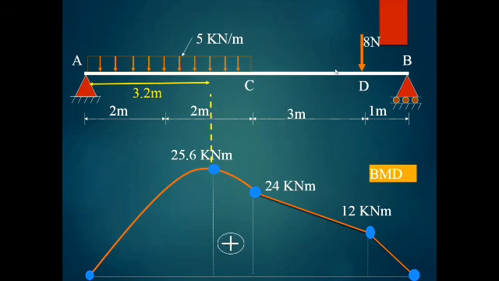So you cannot draw the curves like this, or like this. These are all wrong. The important thing is it has to go up to this point, and then it has to go down. So you have to be very careful while drawing the curve.